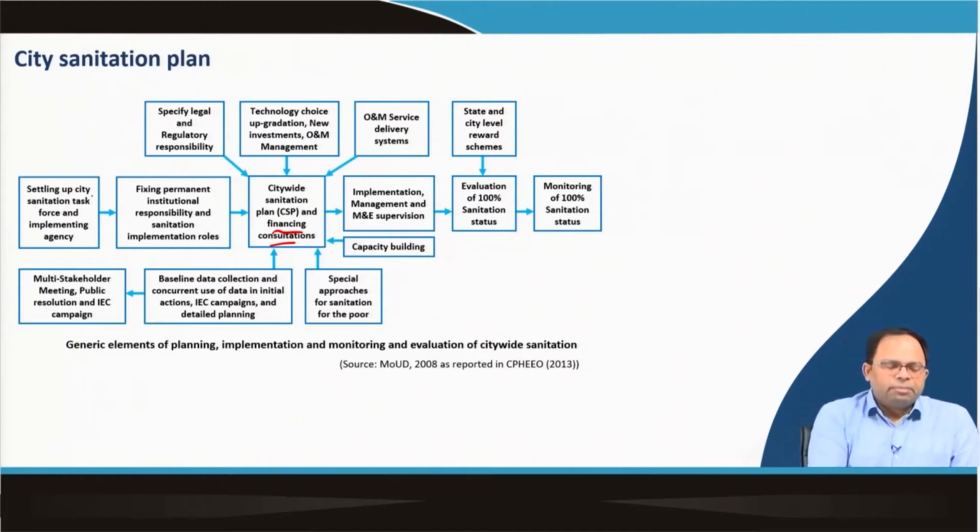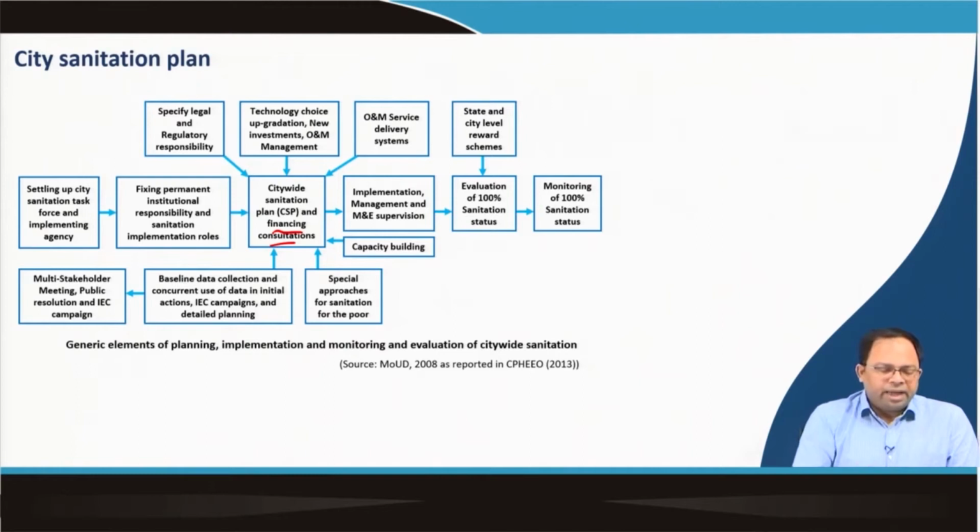First of all, we need to set up a city sanitation task force and implementation agency. So, this is the first job. Then fixing permanent institutional responsibility and sanitation implementation roles. That means even within a municipal body or an urban local body, we have to have permanent institutional responsibility and sanitation implementation roles specific only for sanitation. We have to set up different groups.